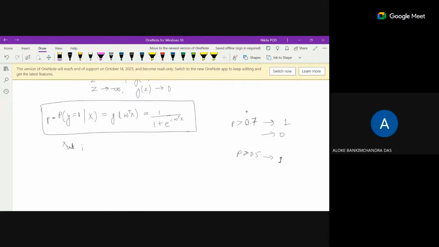Is there any approach to arrive at this threshold, or how does the algorithm take this threshold value? There's no such specific method. You can just test it out and see, something like trial and error.